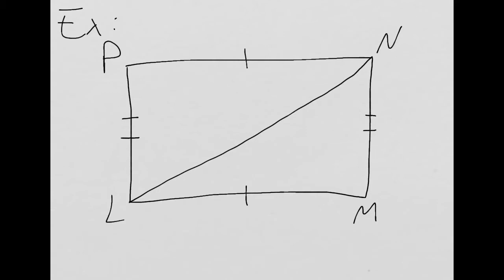Let's take a look at an example here. So we have this figure. It's quadrilateral PLMN. Then we have this diagonal here that's cutting it into two triangles. So we have triangle PLN and triangle MNL.